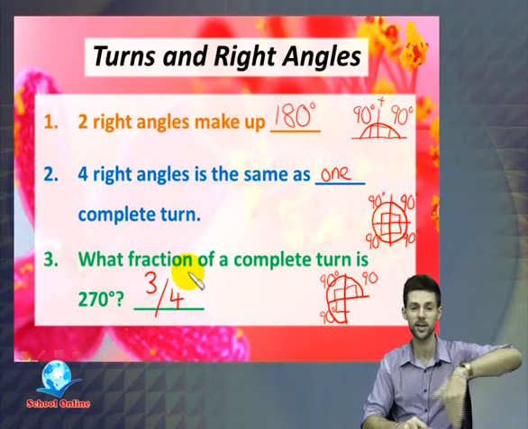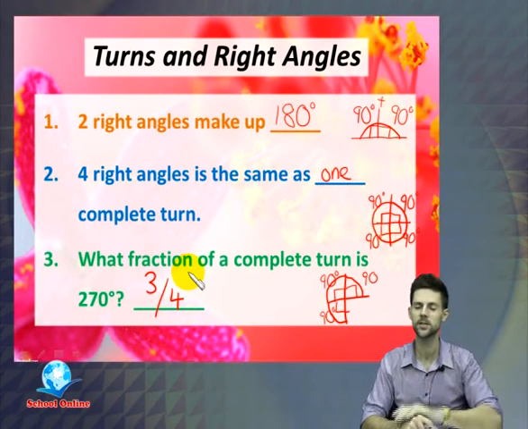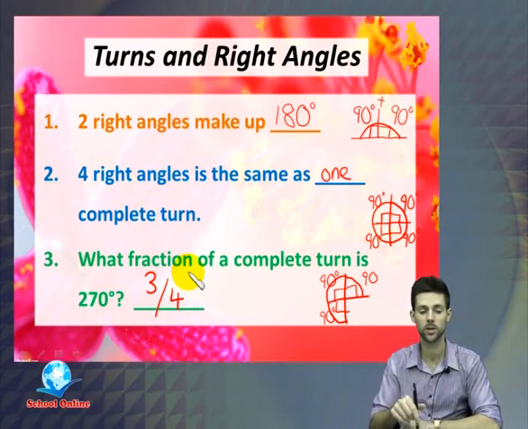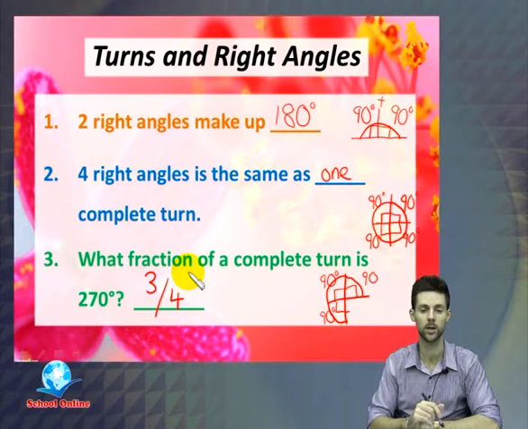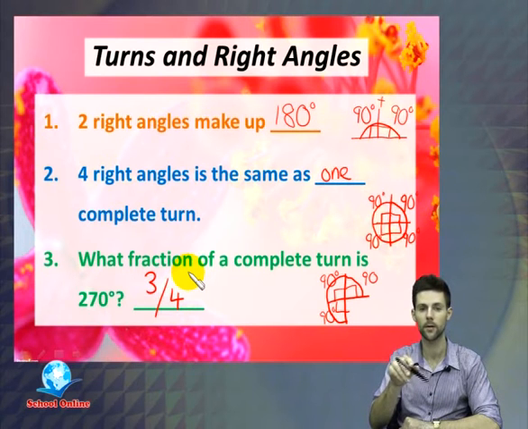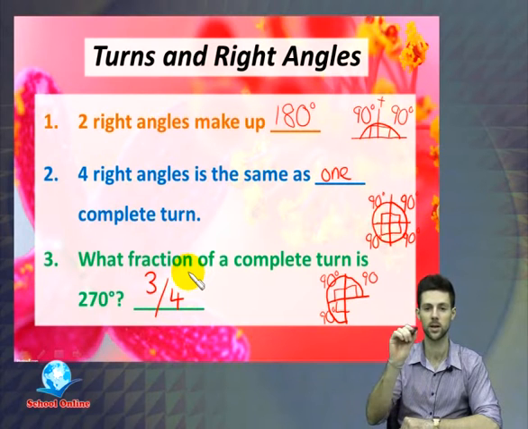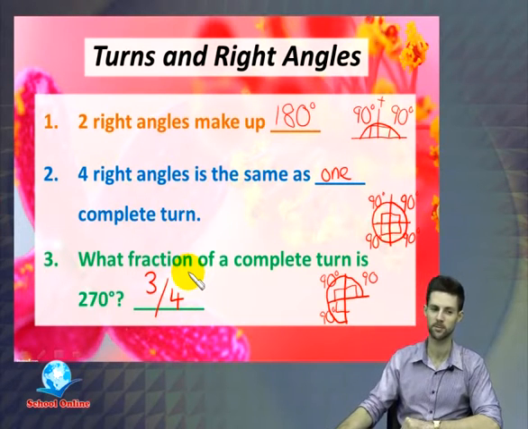If we move three right angles, how many degrees is that? 270 degrees. And that is 3/4 of a complete turn. And if we move through four right angles, we do a complete turn of 360 degrees. 4 lots of 90 degrees. Okay.